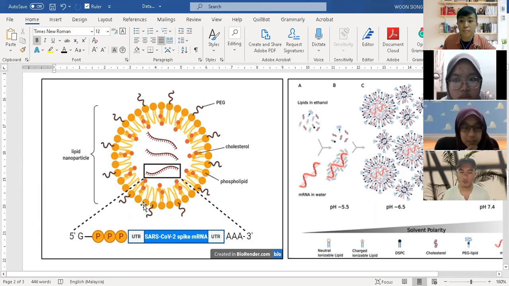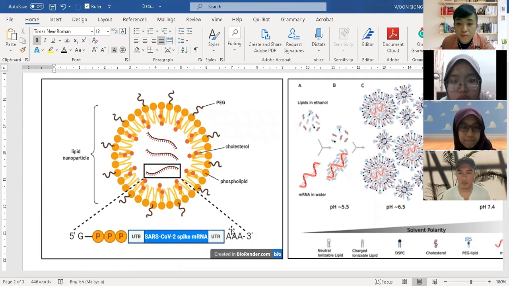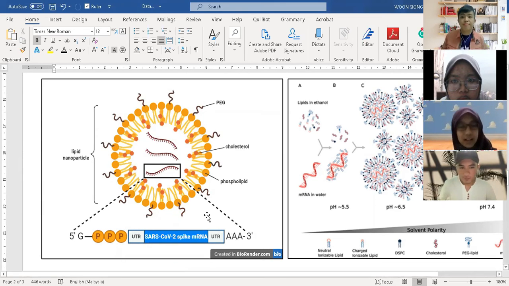We add in the cap and also the poly A tail at the 5' and 3' regions to stabilize it, because mRNA is actually really unstable. Yeah, fragile. Really unstable. That's the main reason.